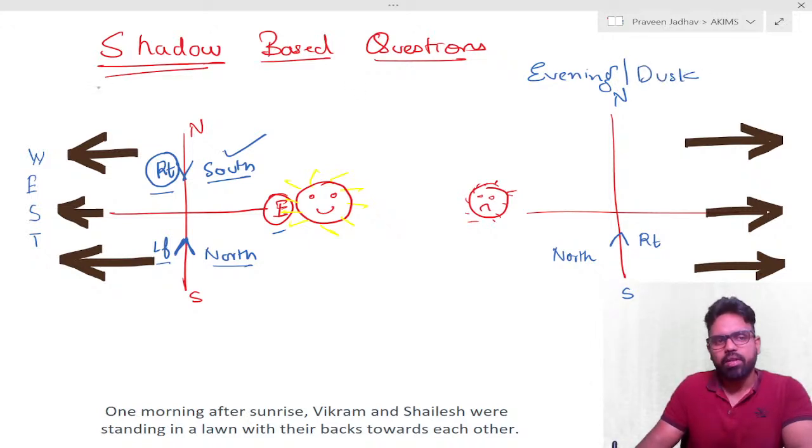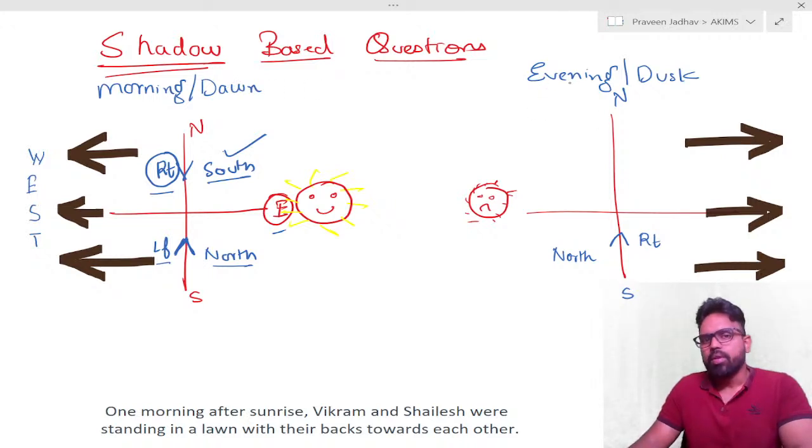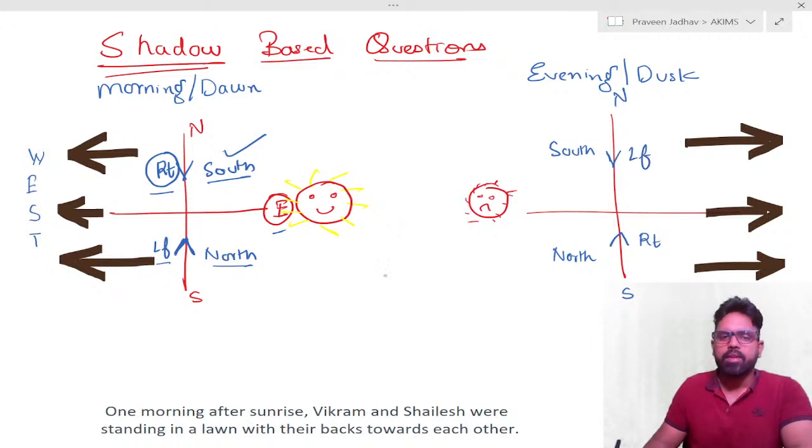Or I can also call the morning dawn. Now, at dusk, what happens? A person who is facing south will have a shadow onto his left. So these simple conditions will help me to solve all the questions that I'll come across.